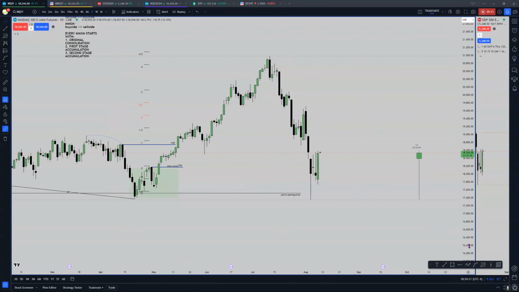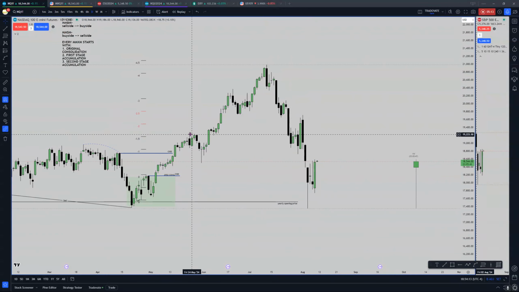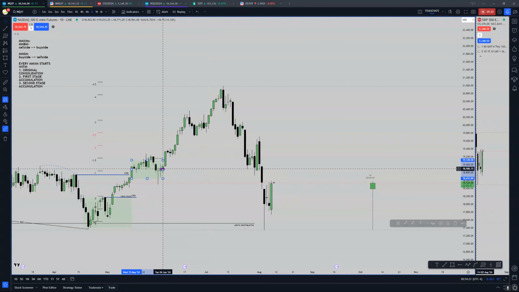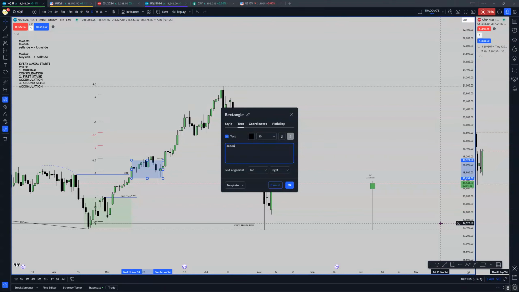So break above, and what happens? We consolidate again. This is your second stage of accumulation. Let me make it blue since it's a buy side of the curve.